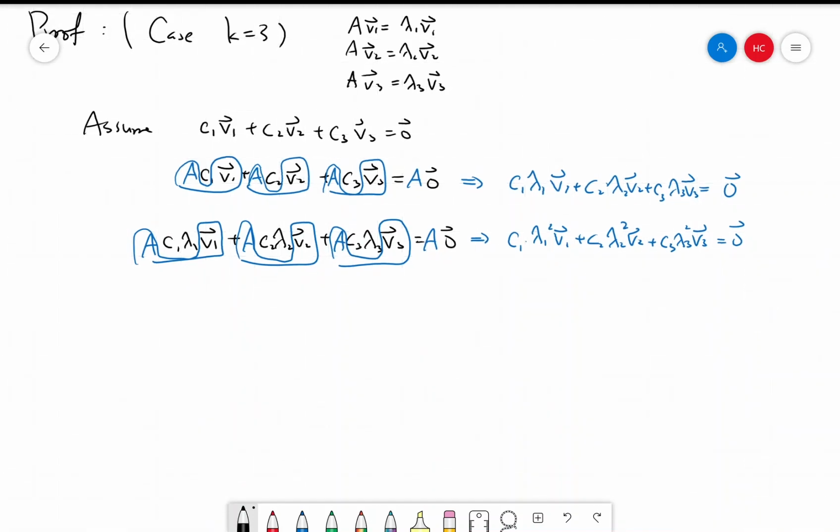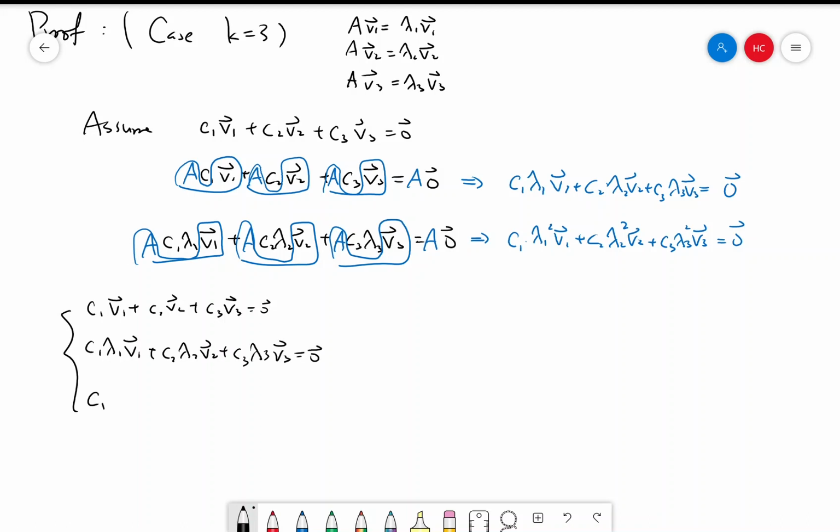So we get a system of 3 equations. C1 v1 plus c2 v2 plus c3 v3 equals 0. C1 lambda 1 v1 plus c2 lambda 2 v2 plus c3 lambda 3 v3 equals 0. And c1 lambda 1 squared v1 plus c2 lambda 2 squared v2 plus c3 lambda 3 squared v3 equals 0.